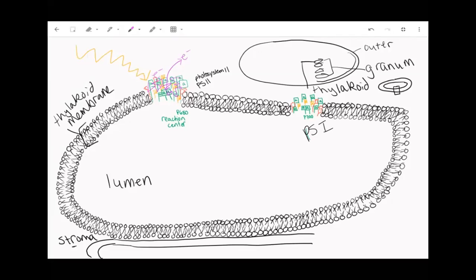And once that electron is boosted, there's going to be another molecule, Johnny on the spot, and that molecule is another protein called plastoquinone. All right, so we're going to put kind of just a circle in here to denote plastoquinone, and it is an electron acceptor.